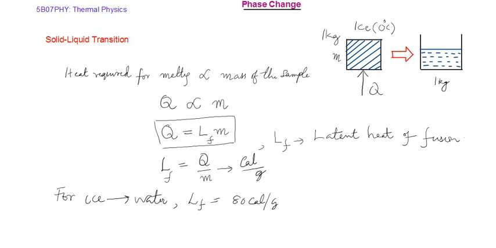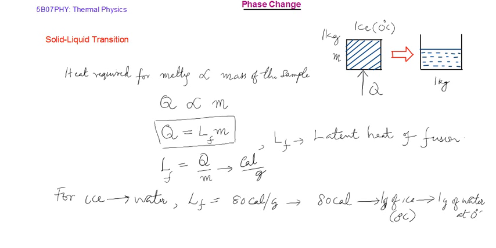So you can clearly understand the meaning of this data. It means you have to supply 80 calories of heat for converting 1 gram of ice at 0 degrees Celsius completely into 1 gram of liquid water at the same temperature, 0 degrees Celsius.